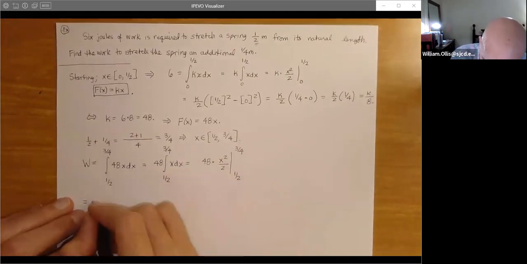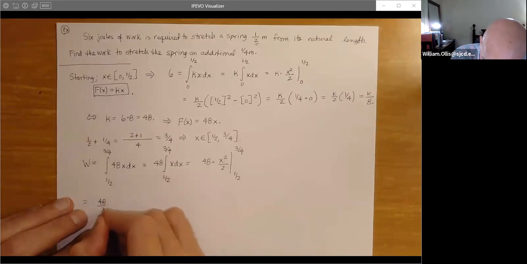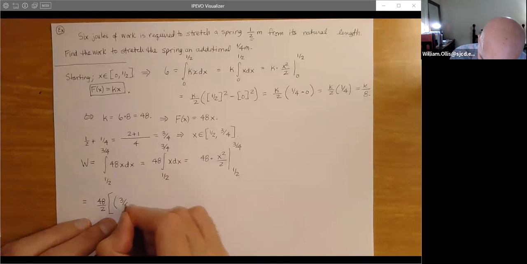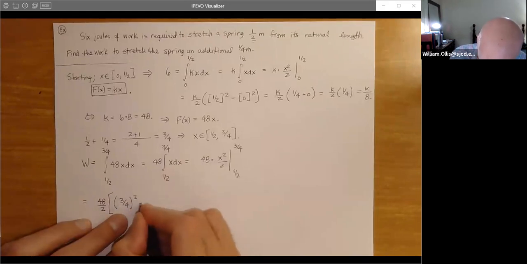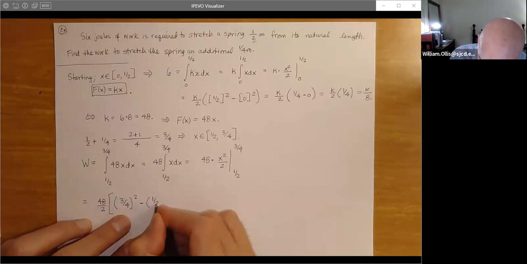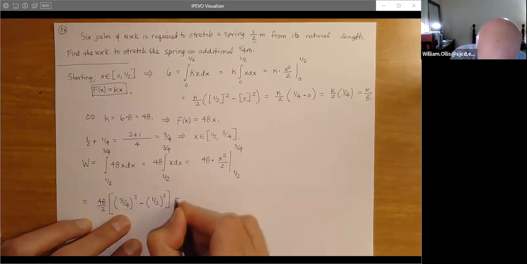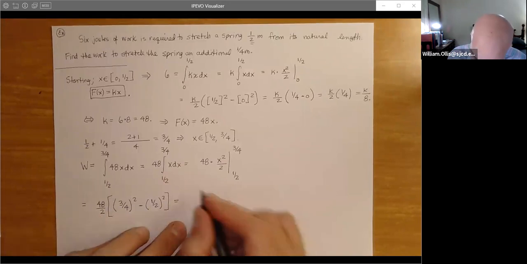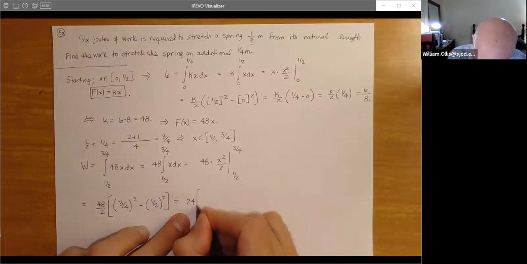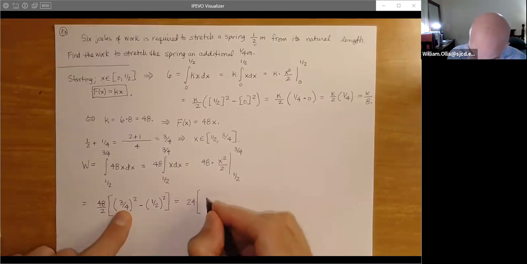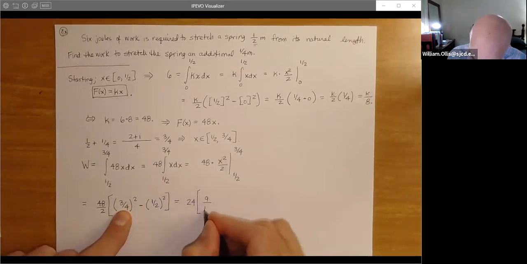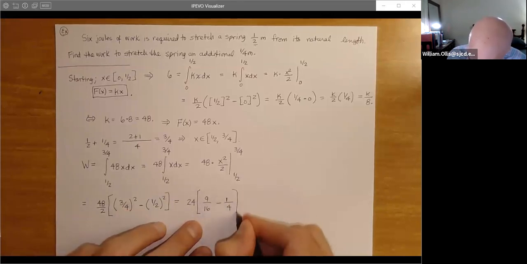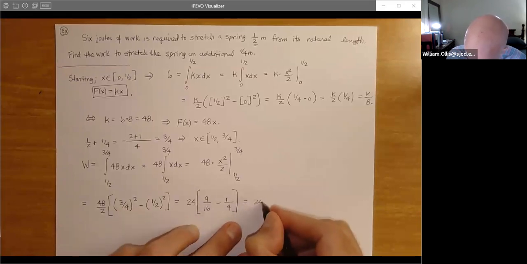So we can move the 2 over. So we have 48 over 2. And then we can substitute. So we'll get 3/4 squared minus 1/2 squared. And of course, here division by 2 will give us a 24. And so now, upon squaring, we have 9 over 16 minus 1/4. So we can just do a common denominator.